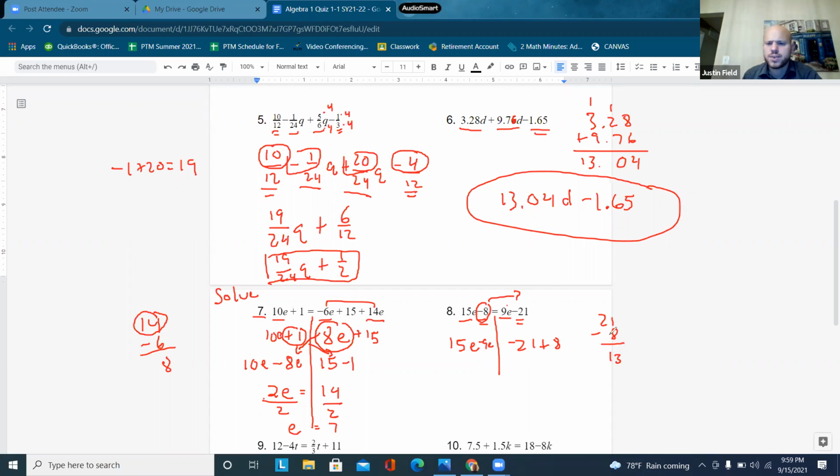It's 13. Use the bigger number sign, so it's going to be -13. All right, 15 minus 9 is 6. And now we're going to divide by 6. And you'll notice 13 does not divide by 6. So my final answer is -13 over 6. Done. All right, 2 more, right?